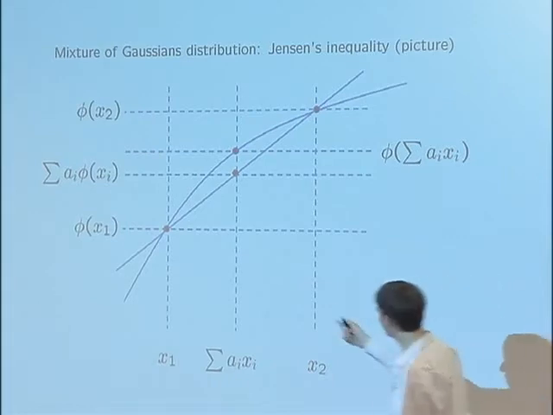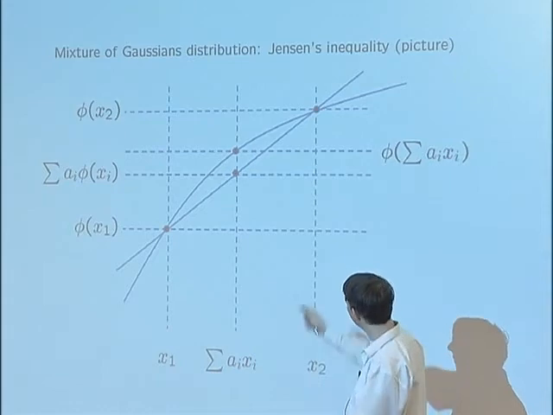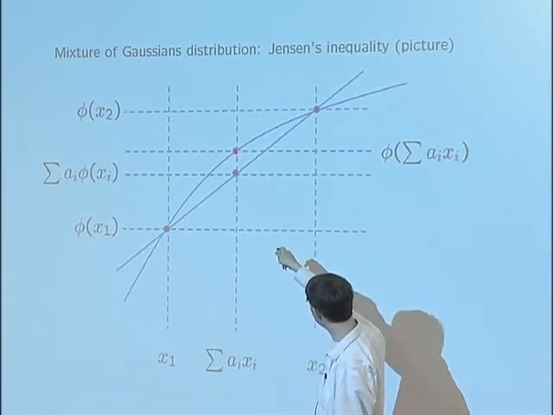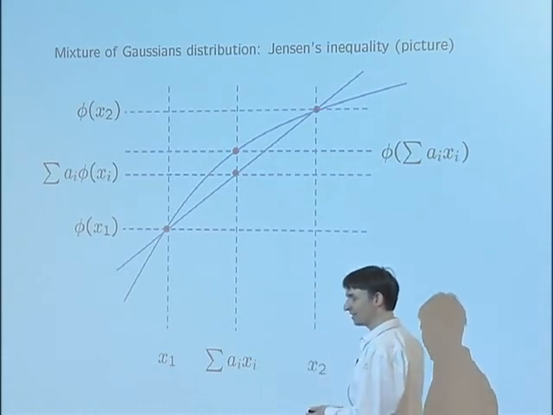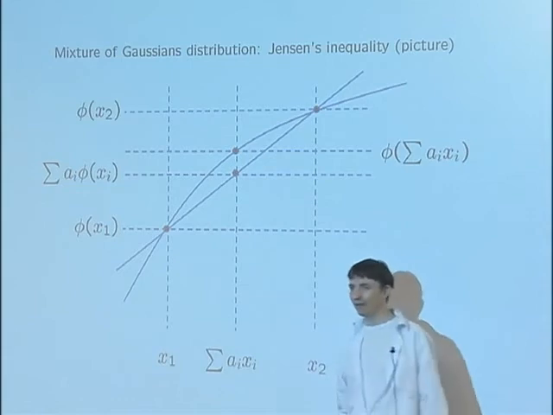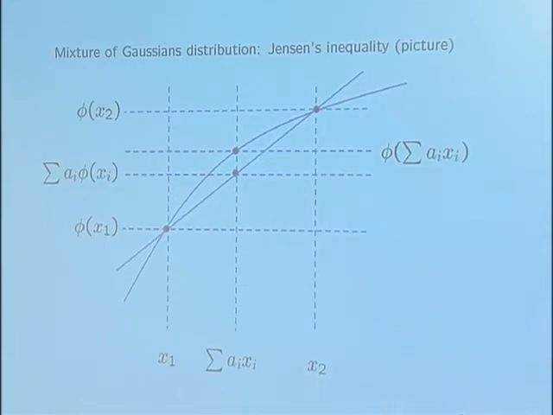I guess this assumes that the weightings are approximately equal because the average is kind of in the middle. But if we first take the average and then we take the function, it's more. And this is kind of obvious, why this relates to concavity. In fact, in mathematical terms, this is almost how they define concavity. There's some inequality like this. Anyway, so Jensen's inequality is really a very obvious kind of inequality.